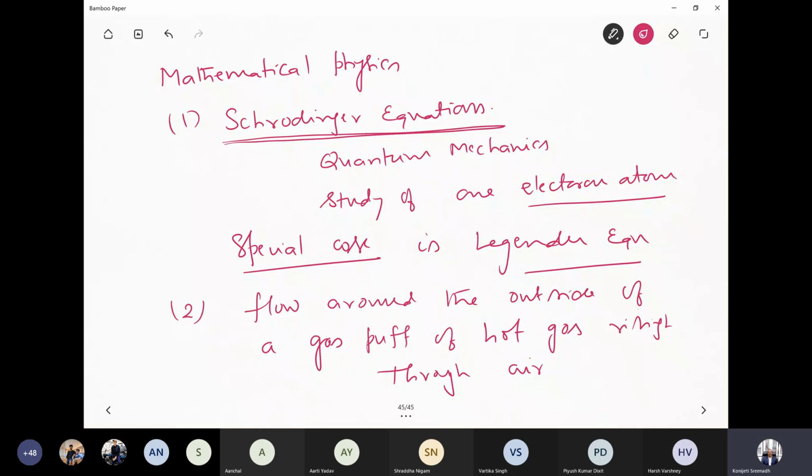But that partial differential equation, under some special assumptions, reduces to the Legendre equation. So that is the importance of the Legendre equation. And I will also tell you about some special polynomials that come as solutions of the Legendre equation, which are used in many approximation theories.